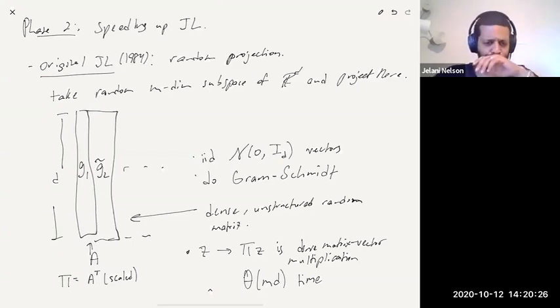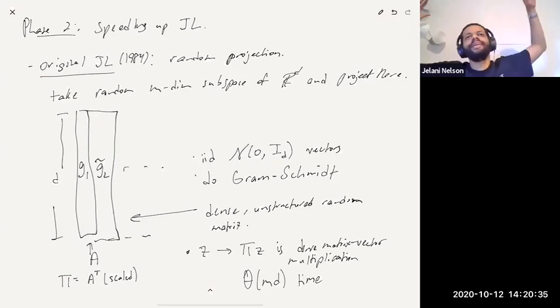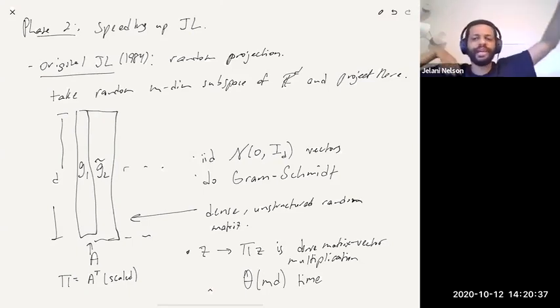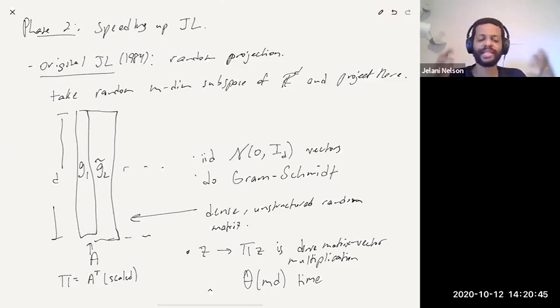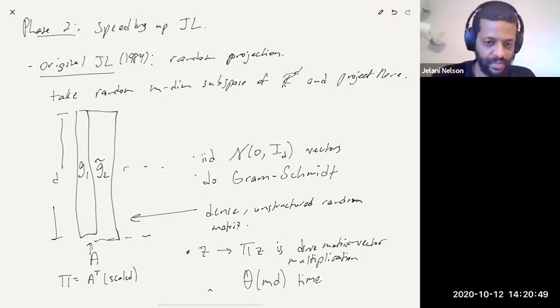If you think about the motivations for JL, I have this high dimensional point set and I want to run some algorithm on it, like clustering, nearest neighbor search, whatever. If I just run the algorithm on the high dimensional version, it's going to be slow and use a lot of memory. So let me first project the data down to low dimension, and now my algorithm is probably faster because it's operating on lower dimensional stuff.